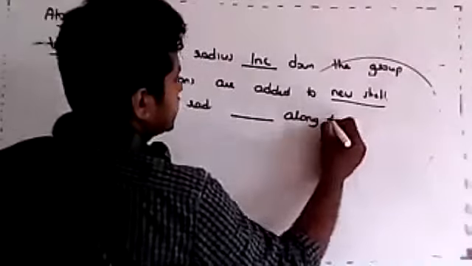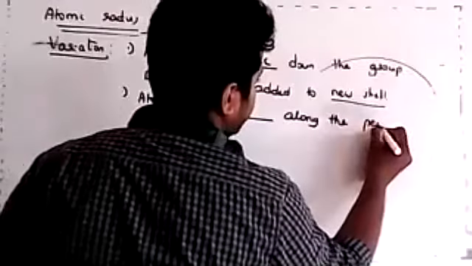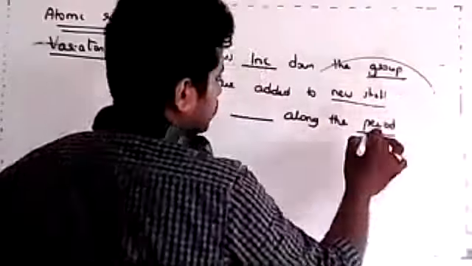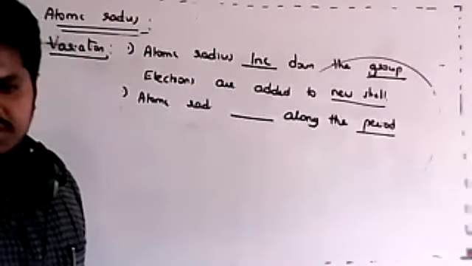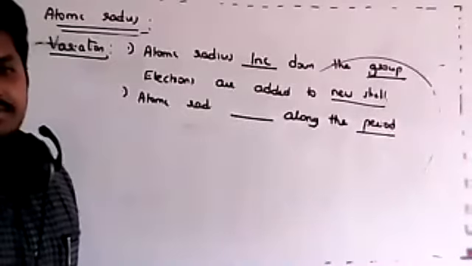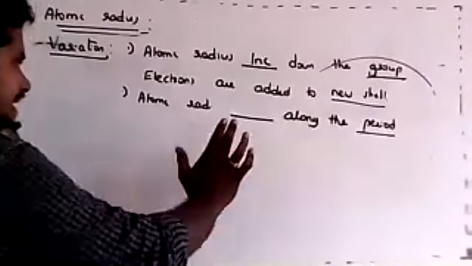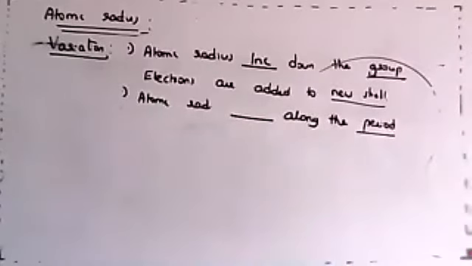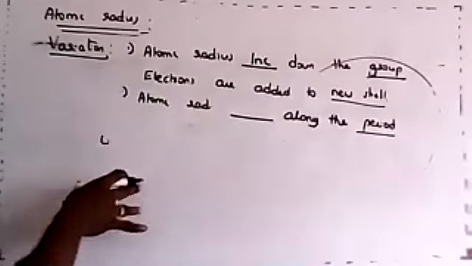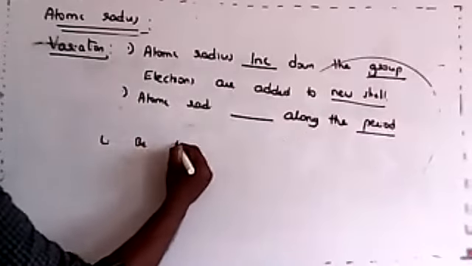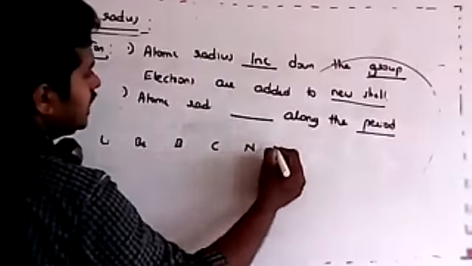Let us understand what would happen along the period. We just understood what happens down the group. Yes, the answer is right. Imagine along the period means now you compare in this way, not down the group: lithium, beryllium, boron, carbon, nitrogen, oxygen.